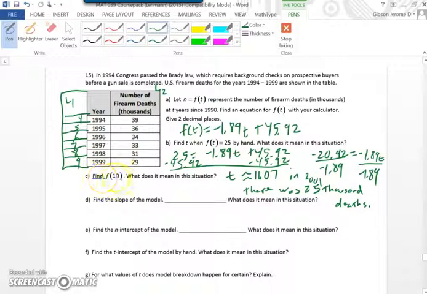So now we have C, find f of 10. All we have to do here is substitute in 10 for t. So we have negative 1.89 times 10 plus 45.92. We could put that in our calculator.